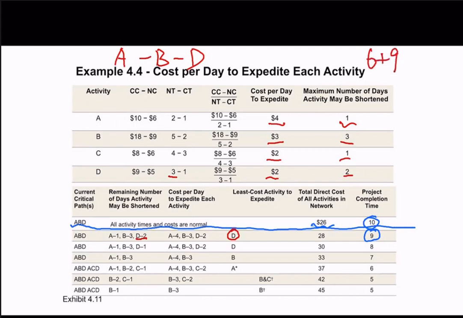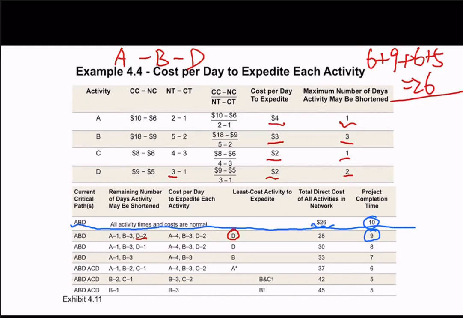For C, the normal cost is 6 also. And for D, the normal cost is 5. So we use 6 plus 9 plus 6 plus 5, and we will have 26. If we want to complete the project here, the direct cost is 26.